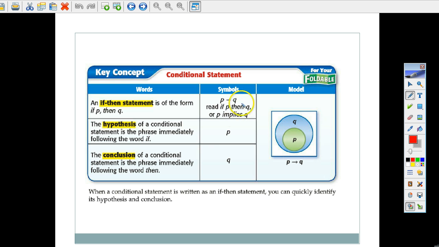So after the word if, the P part is the hypothesis, and the then part is the conclusion. So Q, the conclusion of a conditional statement, is the phrase immediately following the word then. Okay? So if P, then Q. Here's a model. If it is P, then it is Q, because it's inside the P. When a conditional statement is written as an if-then statement, you can quickly identify its hypothesis and conclusion.